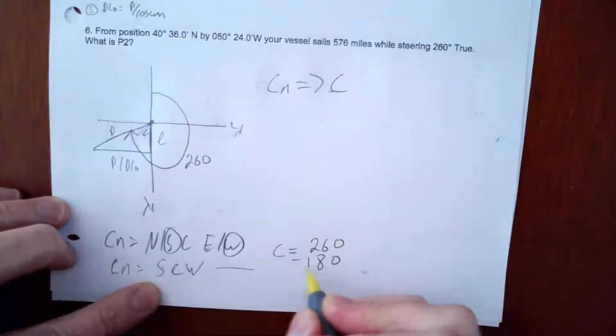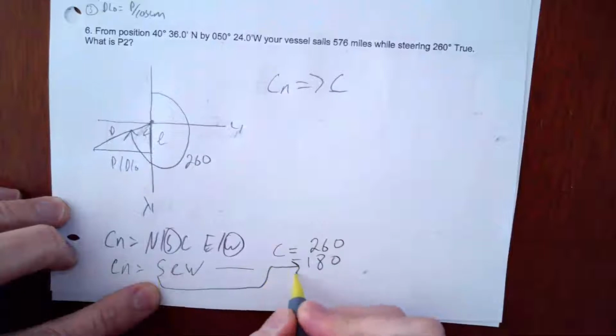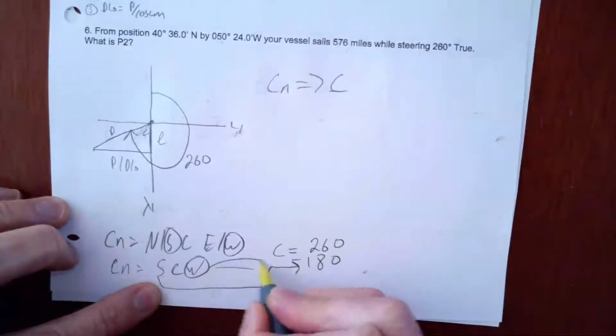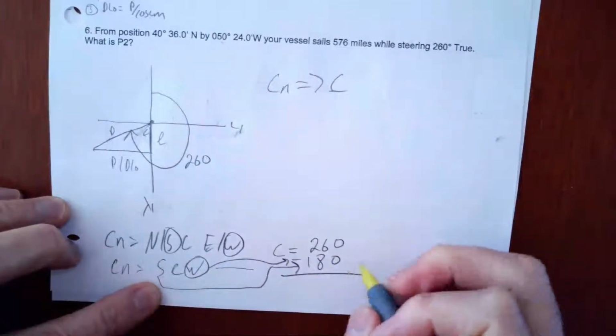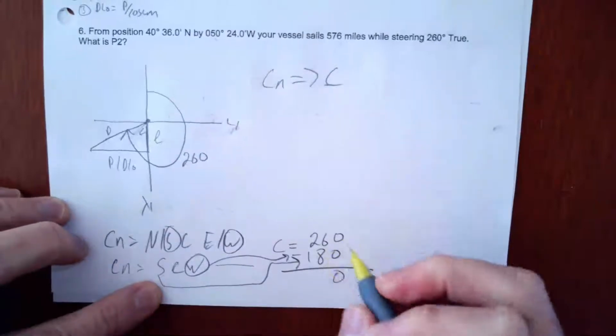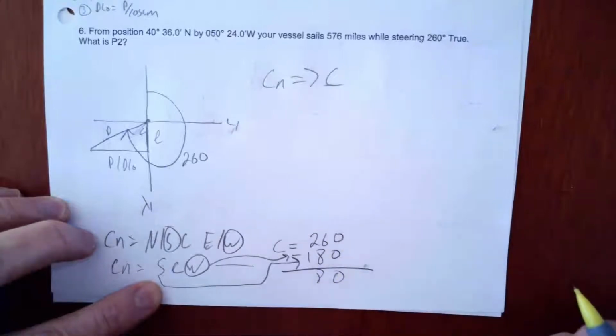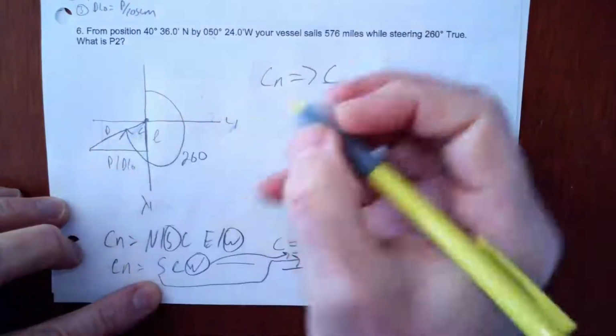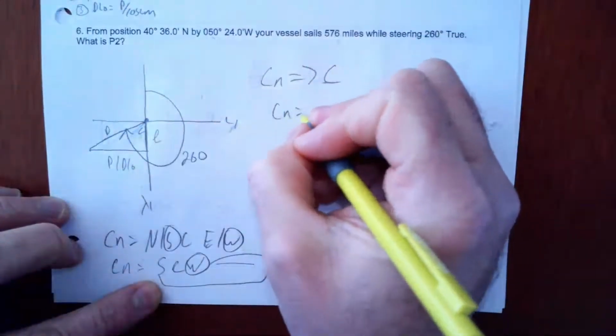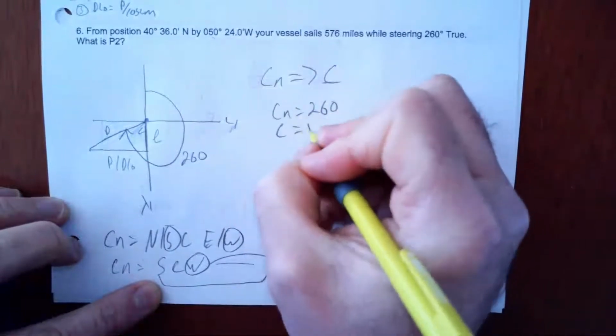The 180 came from the south, and the minus came from the west. It's telling me what kind of math I should do. So this should be 80, right? So CN equals 260 and C equals 80.